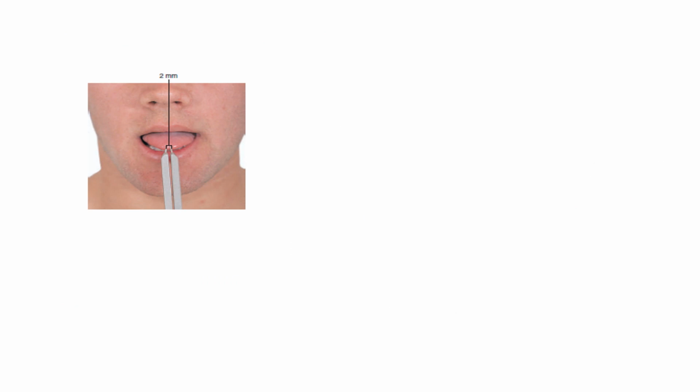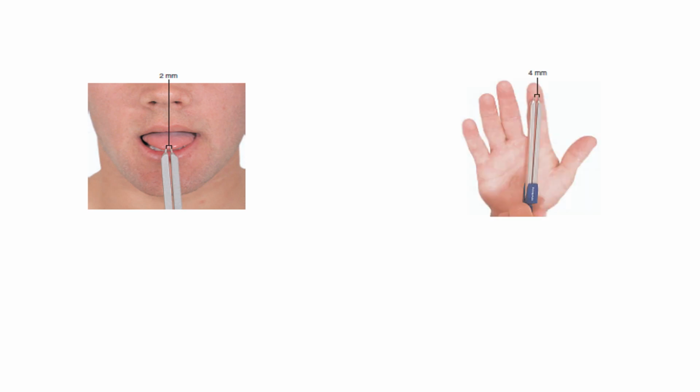These are some examples. You may probably do that in the practical as well. You look at the tongue. If the 2 points of the divider are placed on the tongue less than 2 millimeters apart, the tongue will perceive it as one signal, as 1 point. Similarly, at the fingertip, if it is less than 4 millimeters, it will be perceived as 1.